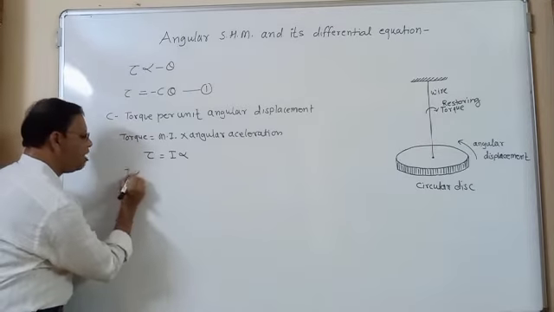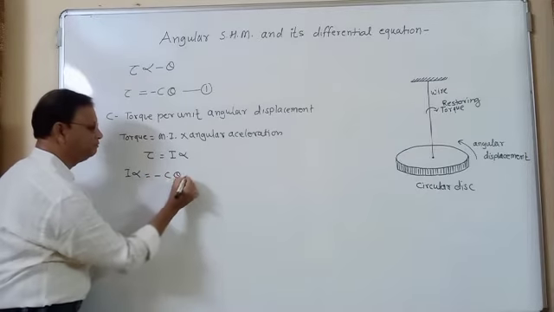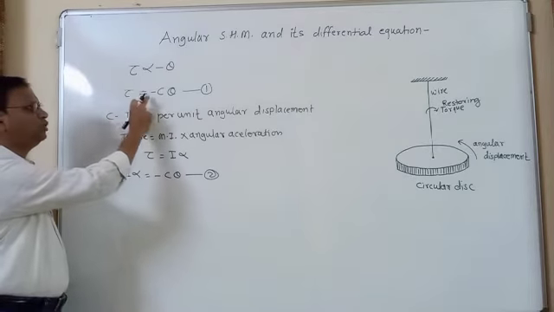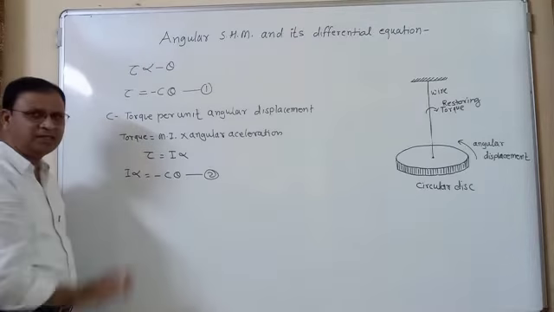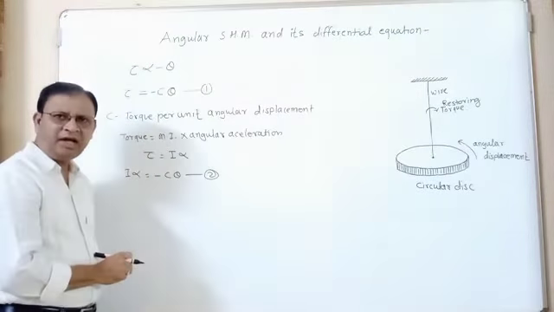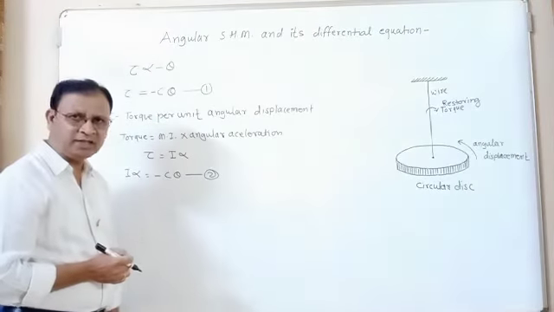So I alpha is equal to minus C theta, because torque tau is equal to minus C theta. I alpha is equal to minus C theta, where I is the moment of inertia, alpha is the angular acceleration. So what is angular acceleration? You know the definition of angular acceleration.